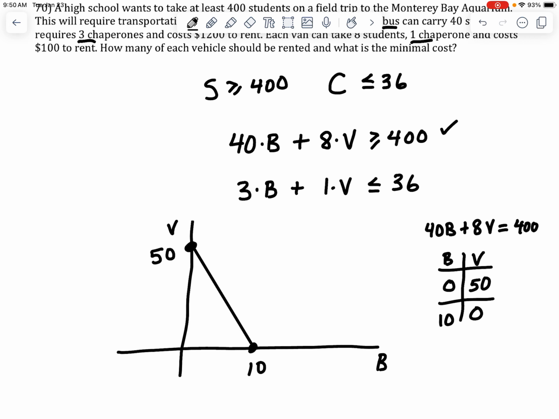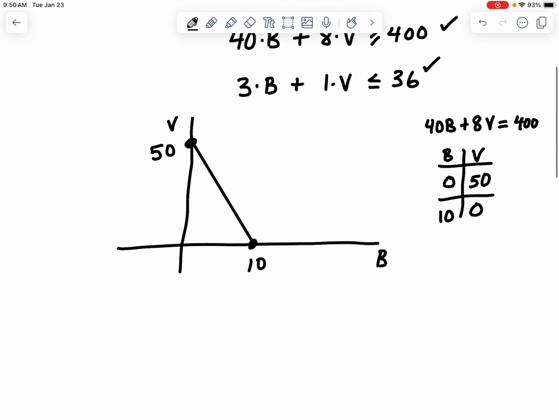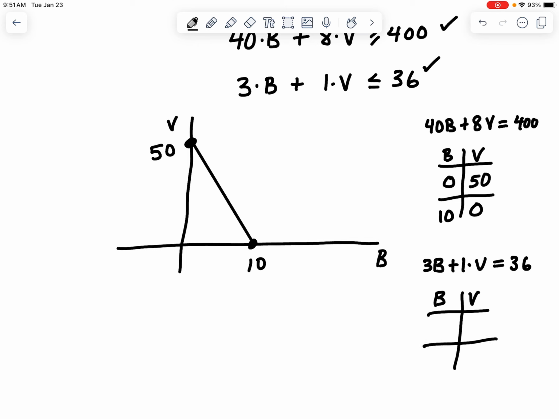All right, then for the other equation, let me just make a little more space right here. So if I just say, what if 3b plus 1v was equal to 36, so I could find out where the line goes, and again, just make a little table of values. And if b equals 0, this would be gone, and that means v equals 36.